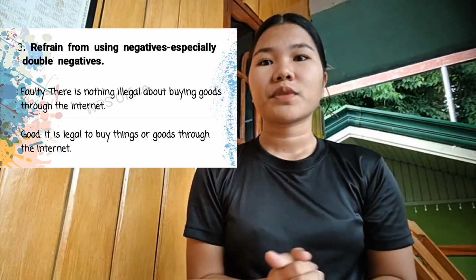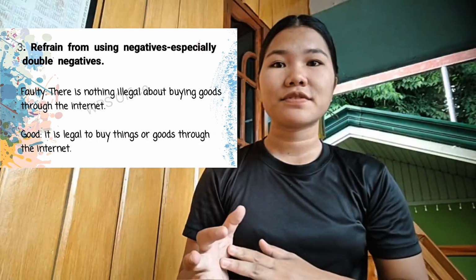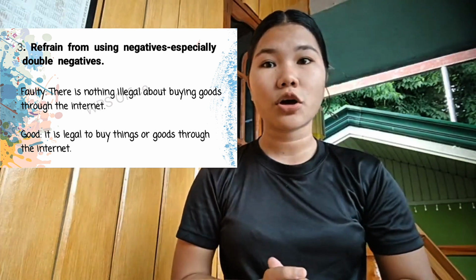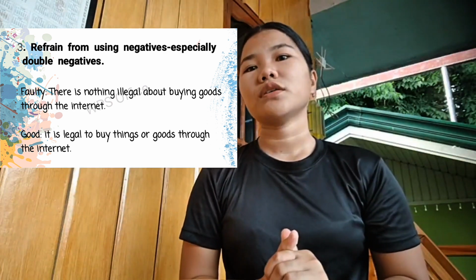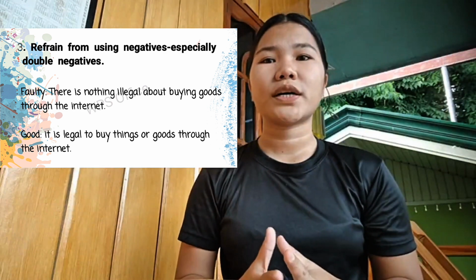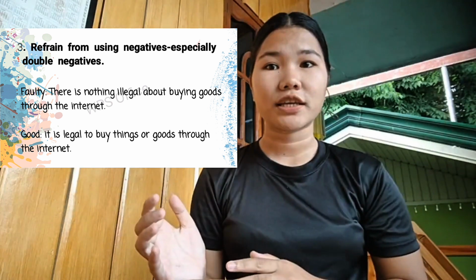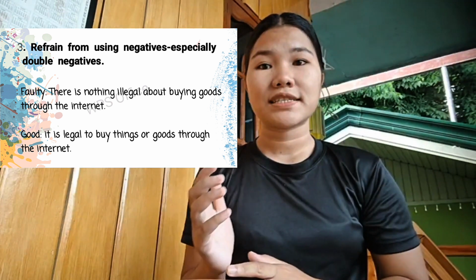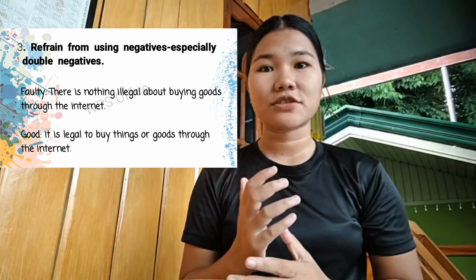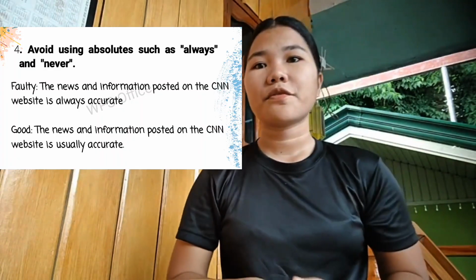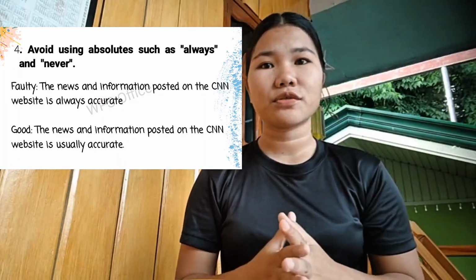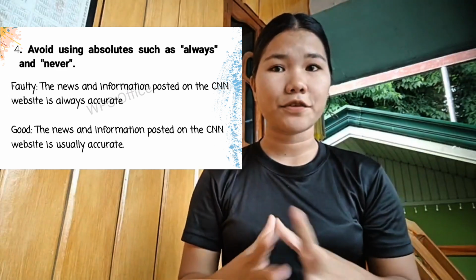Third is refrain from using negatives, especially double negatives. The faulty one is there is nothing illegal about buying goods through the internet, and the good one is it is legal to buy things or goods through the internet. Number 4 is avoid using absolutes such as always and never.